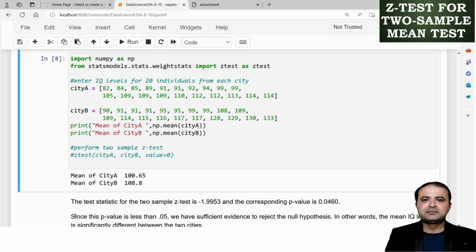Now if I want to perform the z-test analysis on both cities, I want to print the p value.